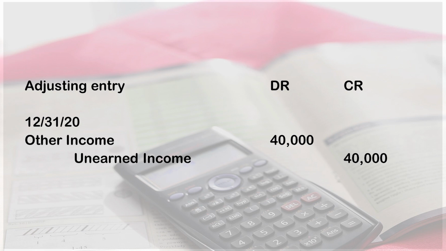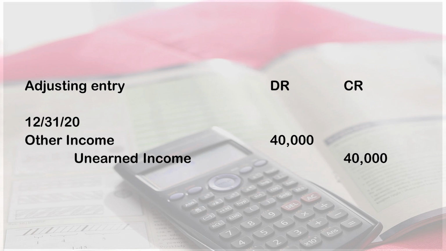So, the income should be only for 3 months, for October, November, and December. So, we have to make a correcting entry or adjusting entry in order to reflect the correct amount of other income.